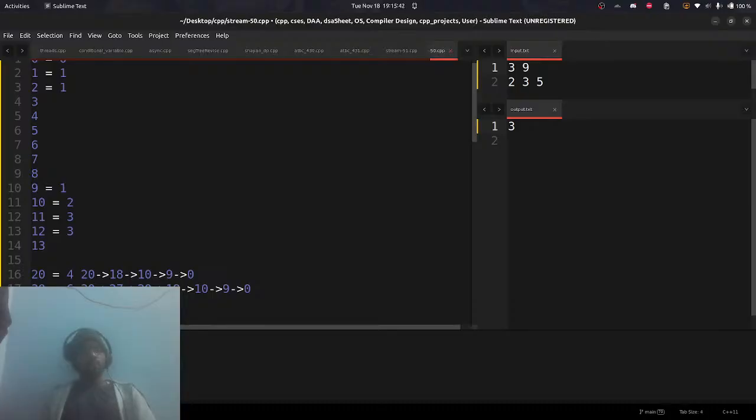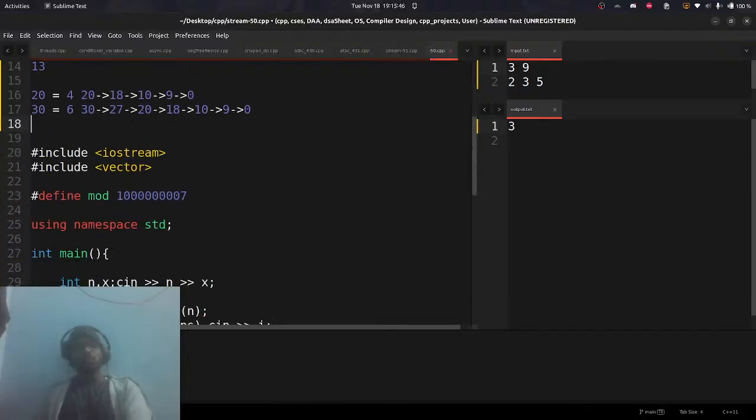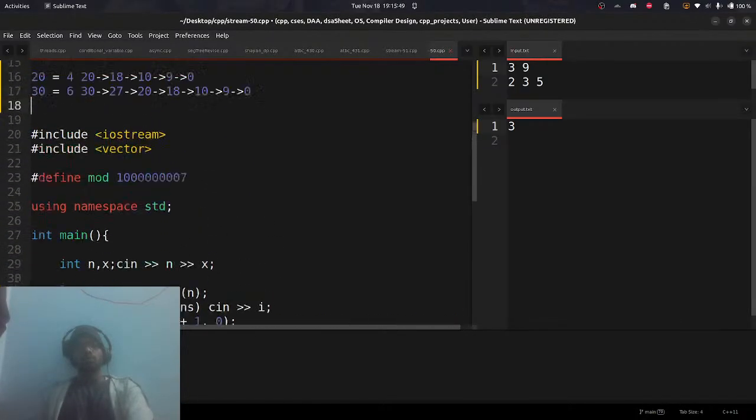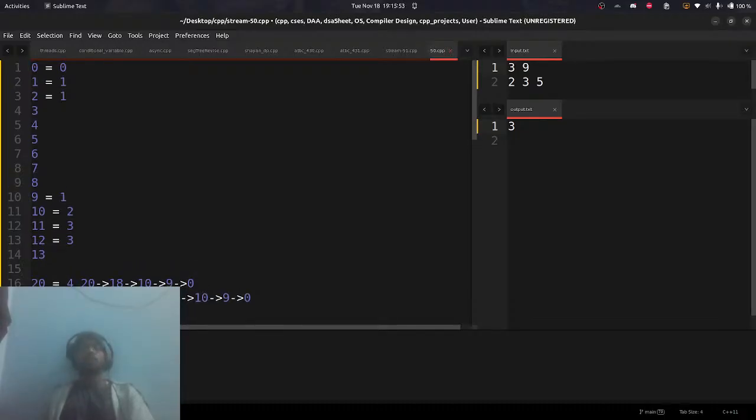Let's think of a transition for this. If we can think of a transition, then it will be easy. What will be the transition? Okay.